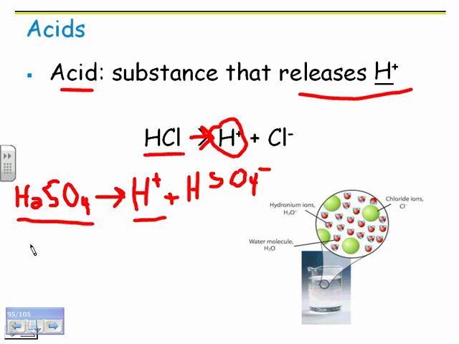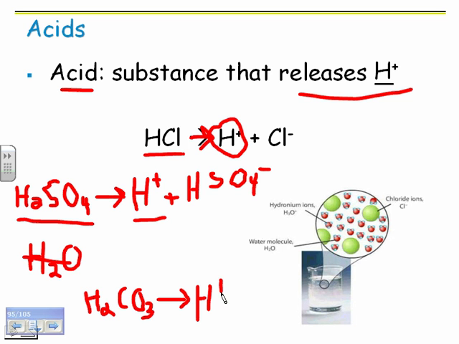If you look at H2CO3, is that an acid? Well, if I draw this out for you, I don't expect you to be able to draw it out, but if I give you an H+, and the bicarbonate ion, HCO3 minus, I would want you to say, oh, look at that, it's a hydrogen ion.